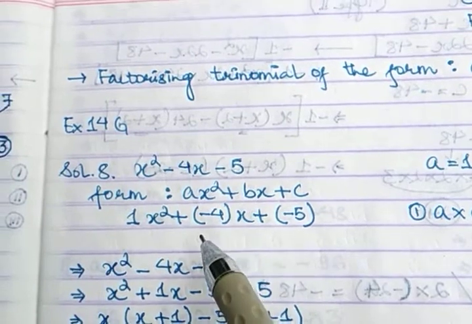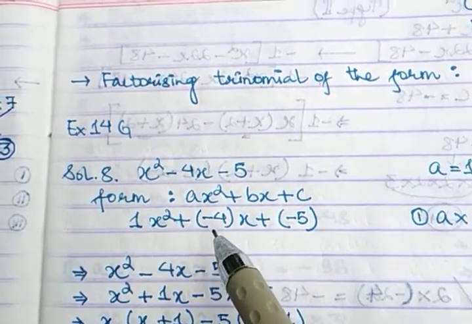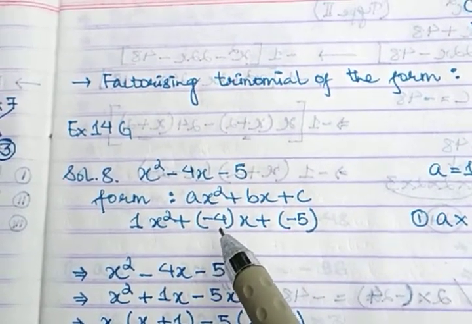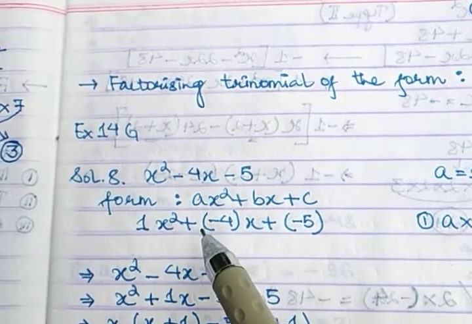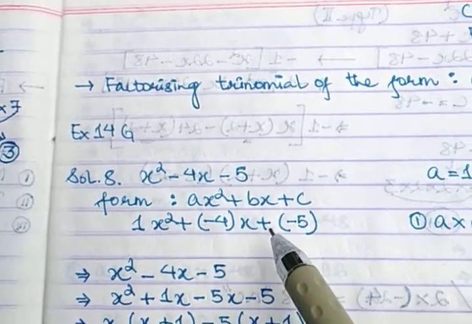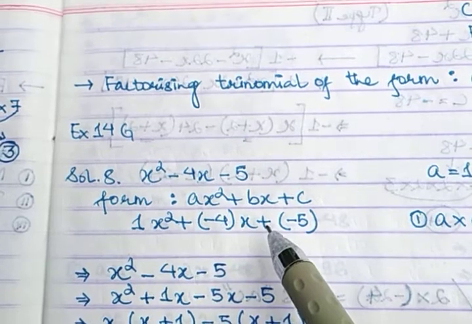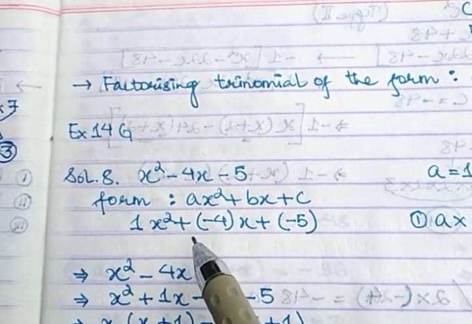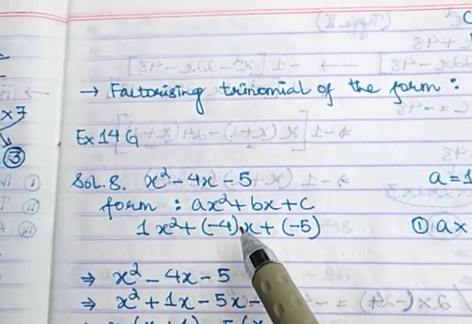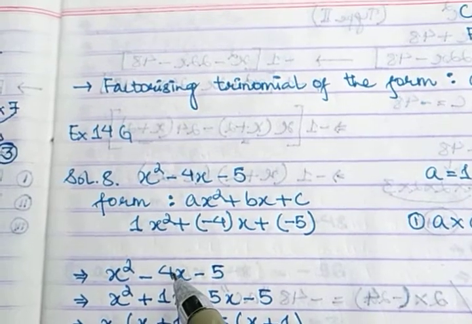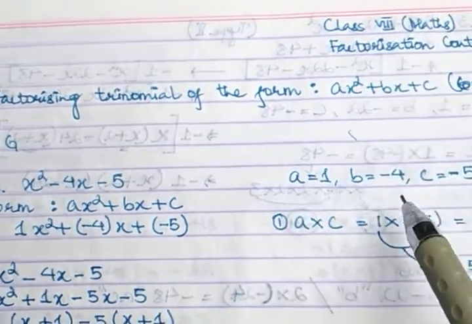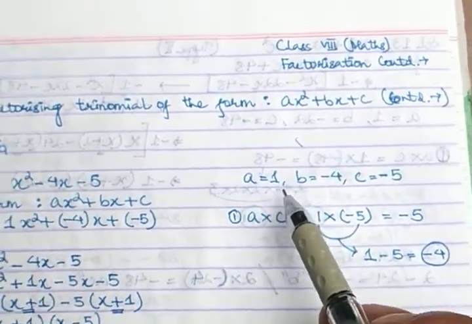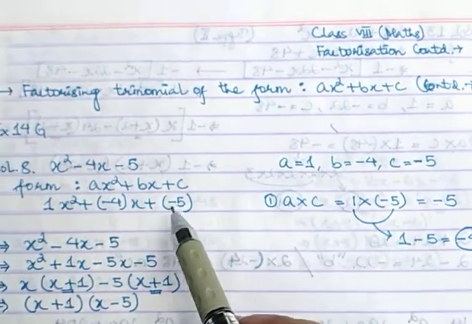As I said in the previous video, I keep them inside brackets because the form has plus signs, and this way we get the values of a, b and c accurately. So a is 1, b is minus 4 and c is minus 5.